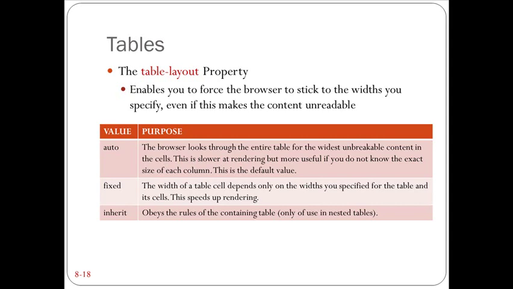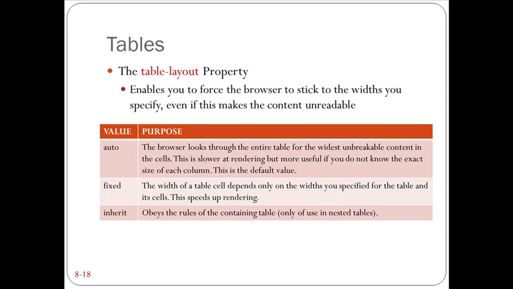With the fixed, the width of the table cell depends on the widths you specified for the table and its cells. This makes things load a little bit faster, although with computers these days and the browsers and the download speeds, it's not as slow as you might think.